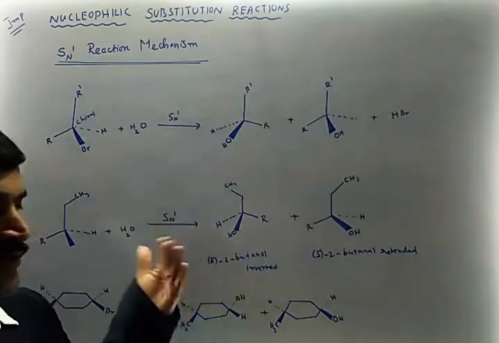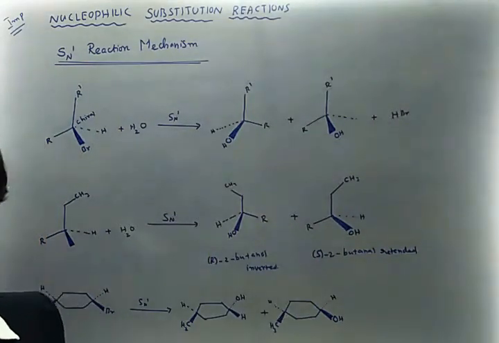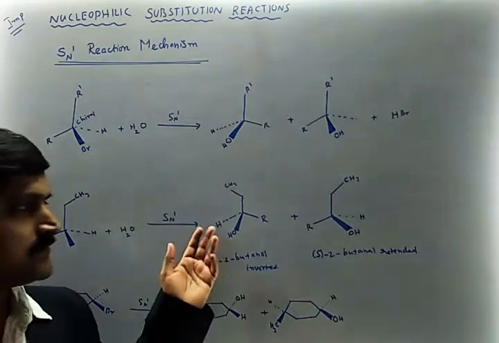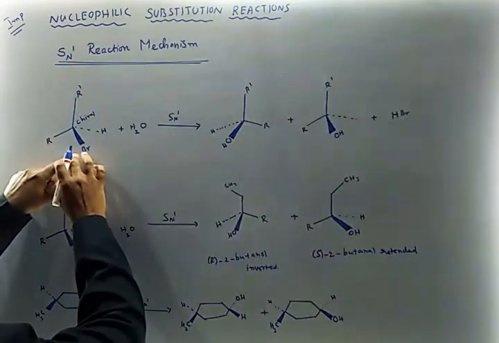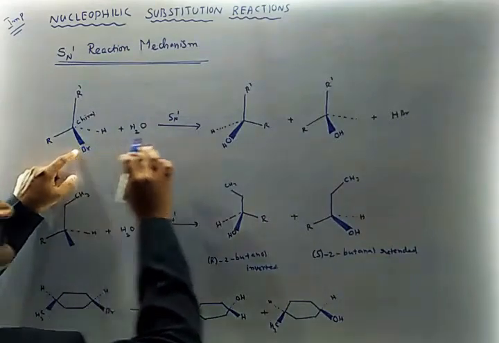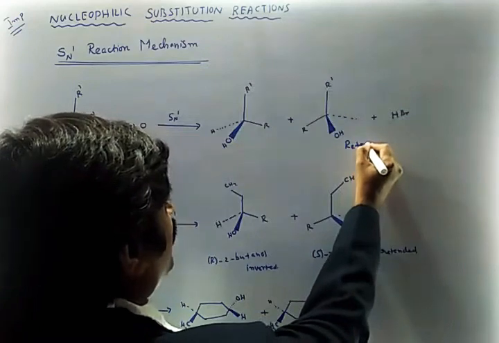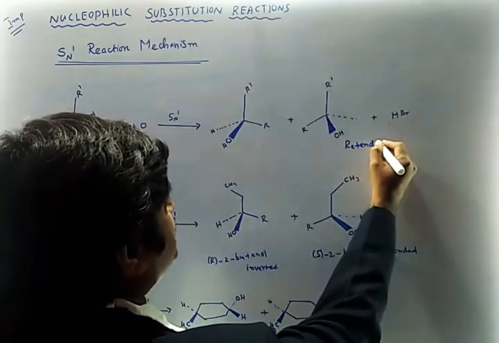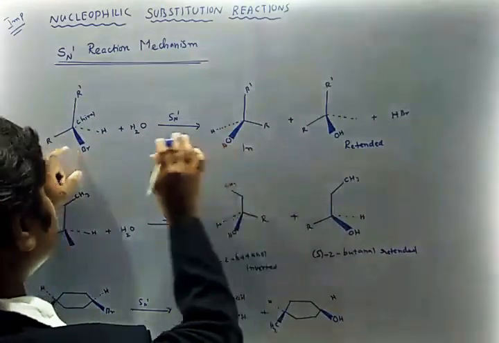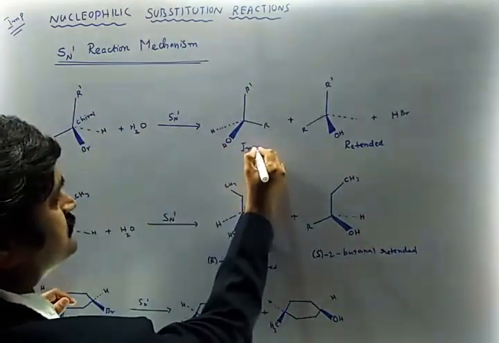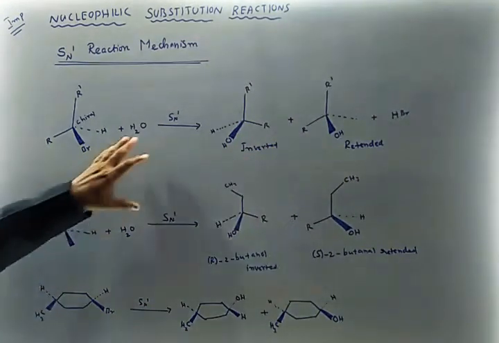One is the inverted configuration, another is retention of configuration. This we call retention of configuration, and this we can say is inverted. This is the model example.